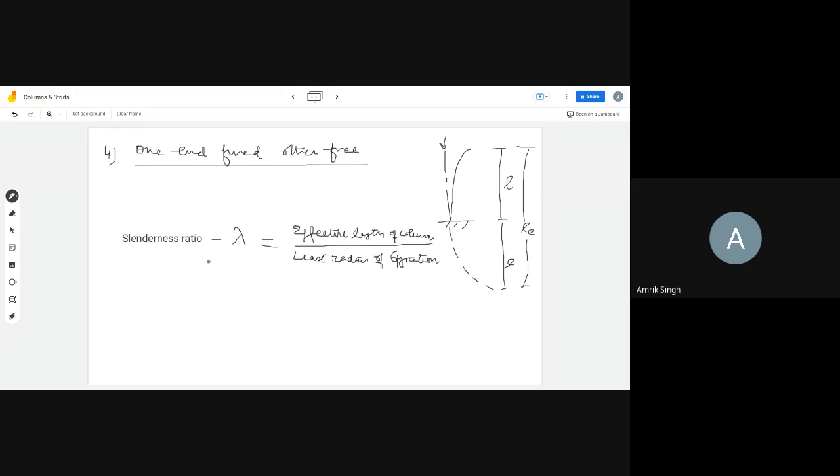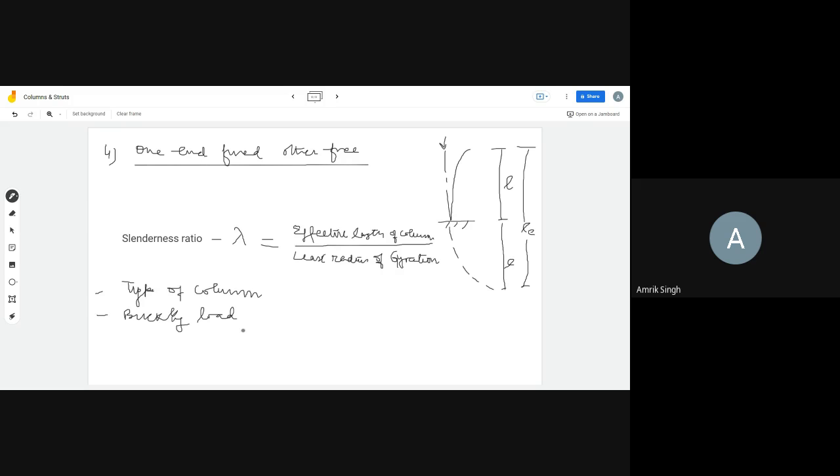So this is the ratio which is used for finding the type of the column. For deciding the type of column, and it is a very important parameter which is used in deciding the buckling.